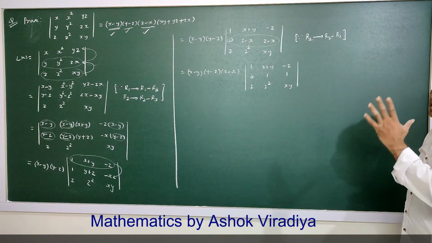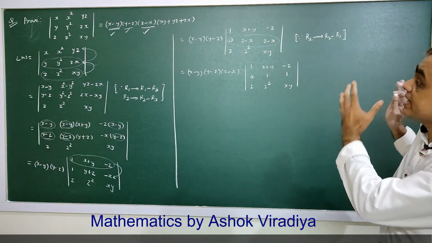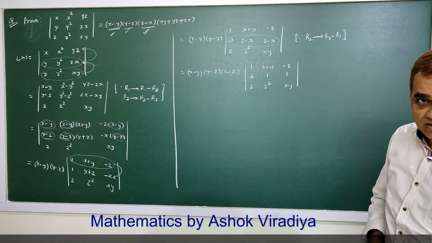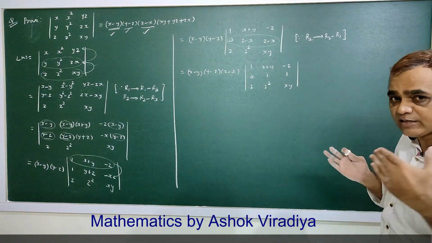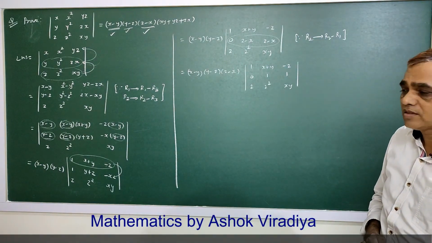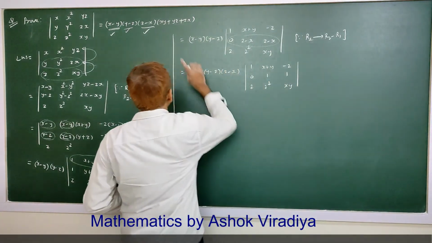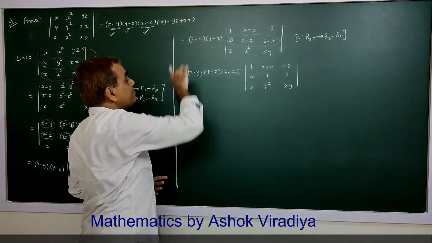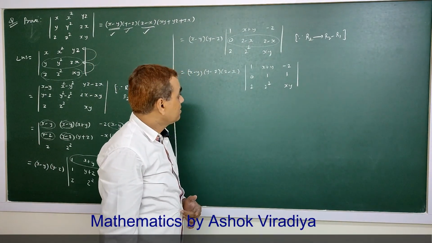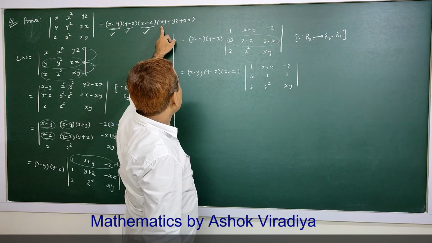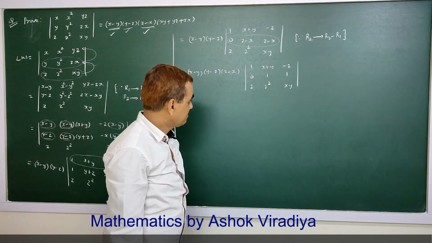Three factors are obtained. Now fourth factor, last factor, it can be produced by expansion, or sometimes it can be produced also as a common element in any one line. Now next step, if possible, try to get common element in any one row or any one column, but we can see that because it is xy, yz, zx, this is x, this is y.